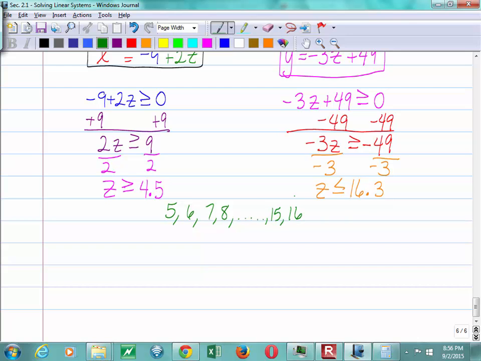Okay, so if we count 5, 6, 7, 8, 9, 10, 11, 12, 13, 14, 15, 16, that's 12 possibilities. So there are 12 possible solutions.